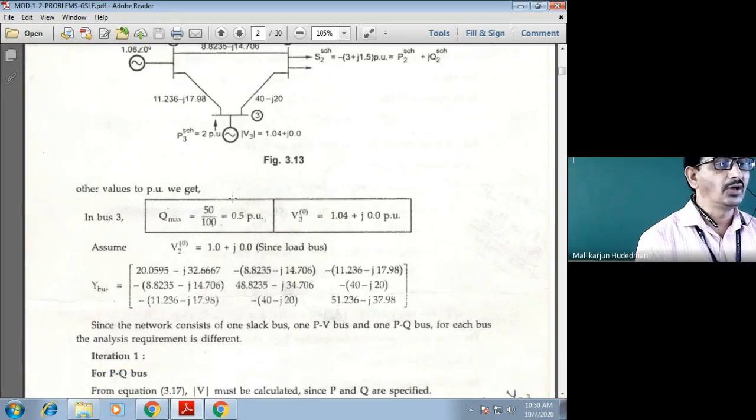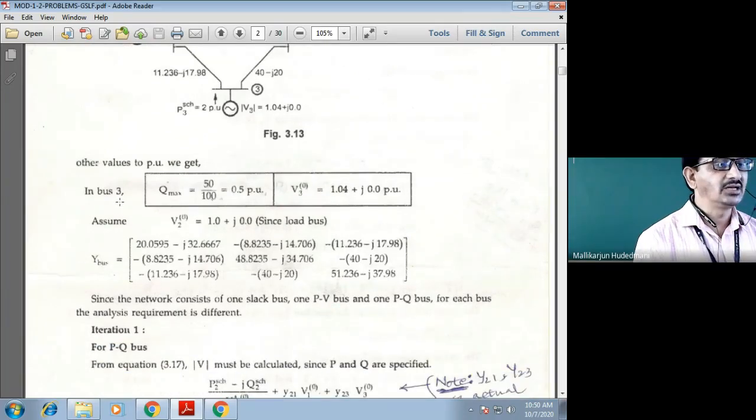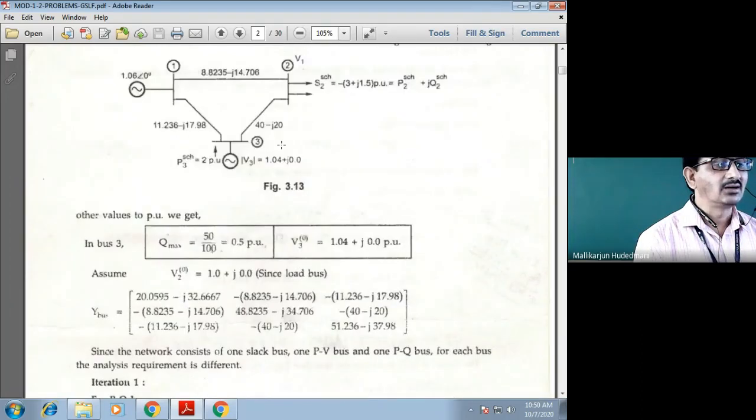Then you can see here how the author has presented bus 3. Qmax, Qmin were given. So he has taken 10 divided by 100, 0.1, and 50 divided by 100, 0.5. They were the Qmin, Qmax values. And that was a voltage controlled bus. What was the scheduled voltage for that bus? 1.04. So he assumed, let V3 of 0, the initial estimate of the voltage of bus 3, be the same as the scheduled value.